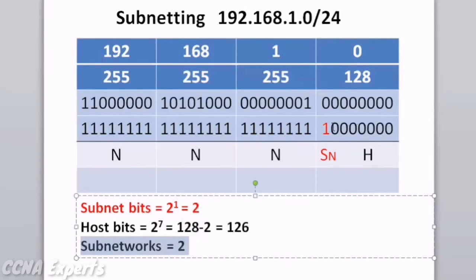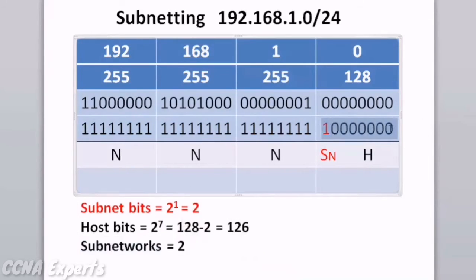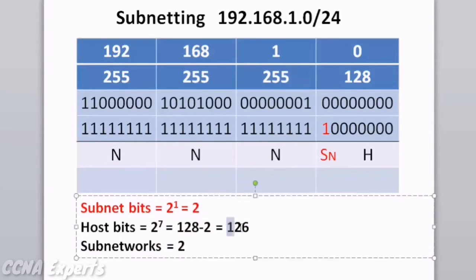For host bits, we have 7 zeros now. So host bits are 2 to the 7th power, or 128, minus 2 for the network address and the broadcast address, leaving us with a total number of possible hosts on the subnets of 126.